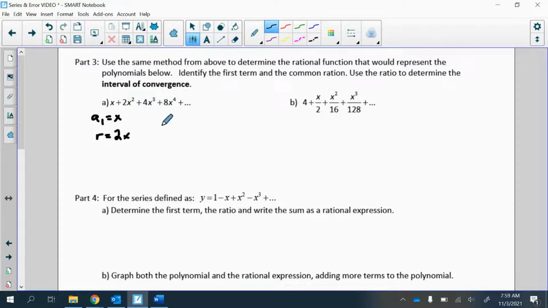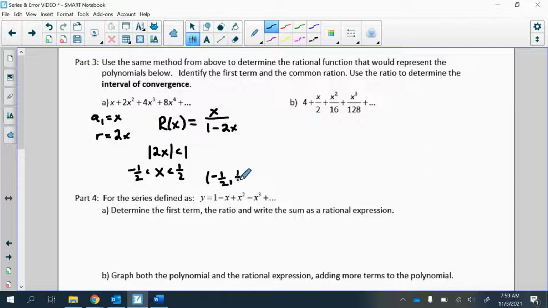So my rational function is x over 1 minus 2x. And my interval of convergence is going to be when the absolute value of 2x is less than 1. So that means x is between 1/2 and -1/2, or I'll write it in interval notation.